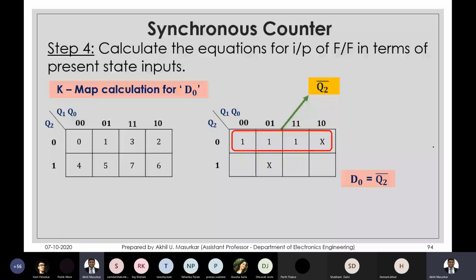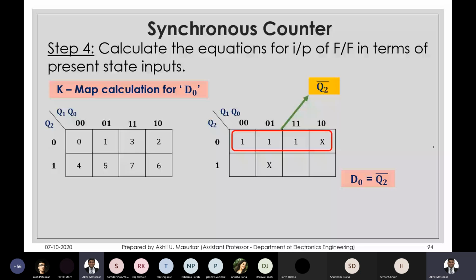So the implementation of this would be: you take the ring counter as it is, make it a twisted ring counter, and for the last flip flop, Q3 is connected to D0.